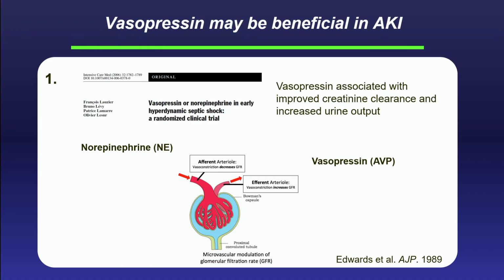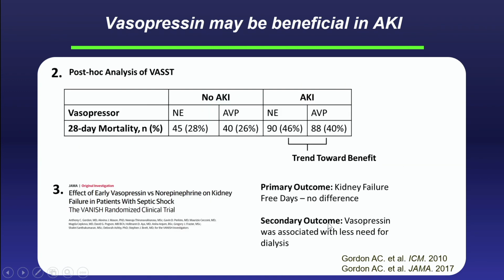There's been preclinical data as well as early phase clinical trial data suggesting that vasopressin is associated with improved creatinine clearance and increased urine output in patients with septic shock. And the hypothesis is that vasopressin may preferentially vasoconstrict the efferent arteriole, while in contrast norepinephrine may vasoconstrict the afferent as well as the efferent arteriole. And so that's why vasopressin may be beneficial in this population.